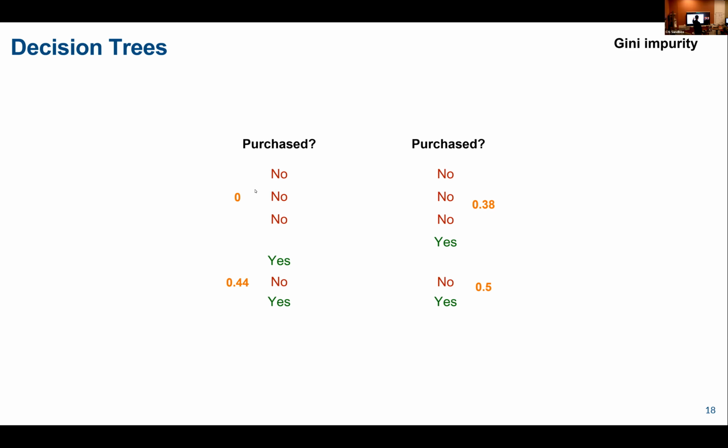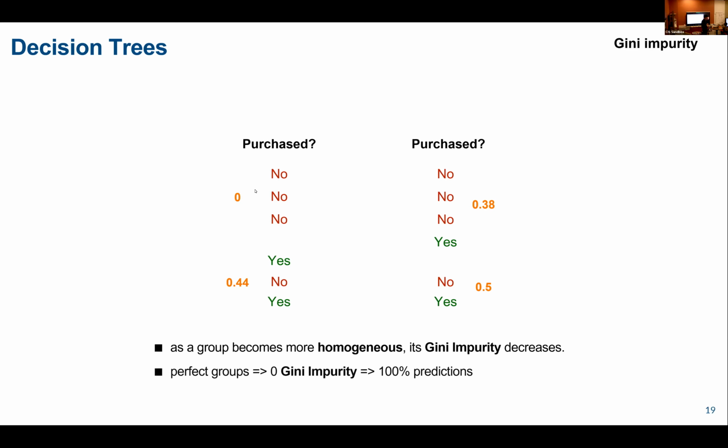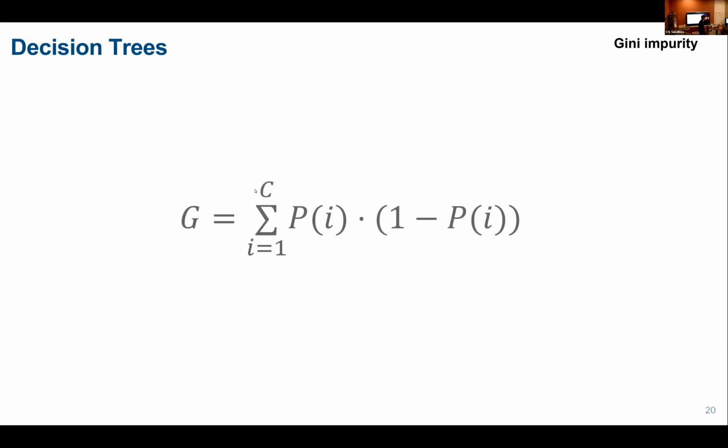This one's majority homogeneous, this one is homogeneous, this one is 75% homogeneous, this one is 67% homogeneous, and this one is 50% homogeneous. As a group becomes more homogeneous, its Gini impurity decreases, and perfect groups have 0 impurity.